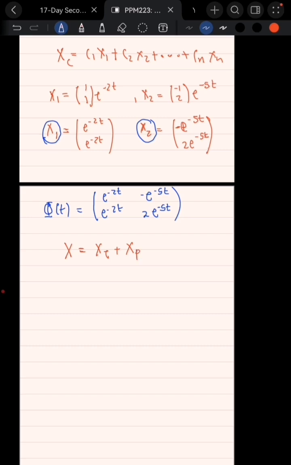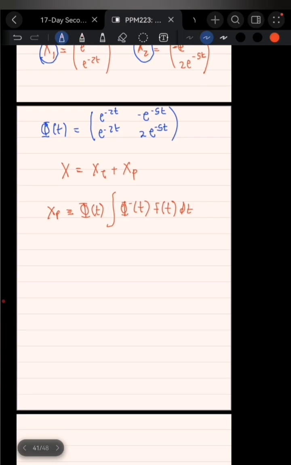We determined the complementary solution, and the particular solution using the variation of parameters method in systems of linear equations is given by the fundamental matrix multiplied by the integration of the inverse of the fundamental matrix times the function f of t, dt.